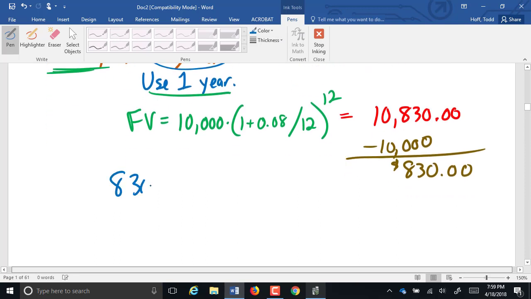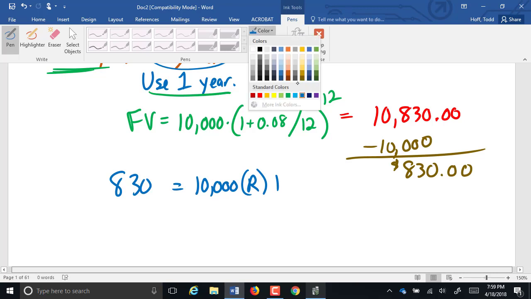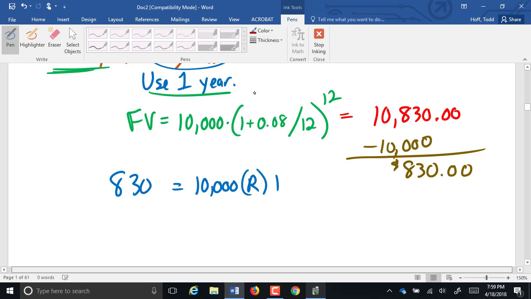So we have 830 equals 10,000 times R times 1, and we solve it by just dividing by the 10,000. Now again, we would combine the 10,000 and the 1, but we all know that's just 10,000, so I'm skipping that step.